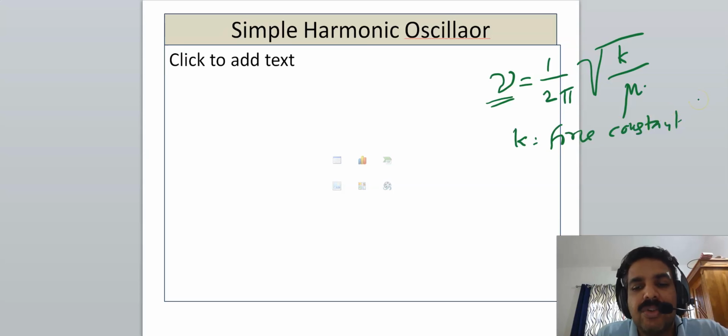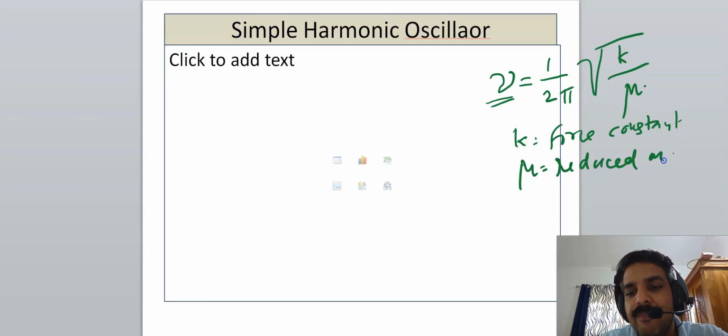The higher the strength of the bond, the higher the force constant. For a weaker bond, the value of k will be less, and mu, as you know, is the reduced mass. In terms of wave number, we can write nu bar equal to 1 by 2 pi c into the root of k by mu.